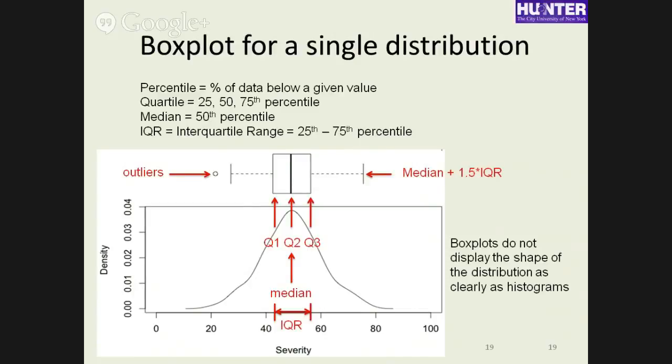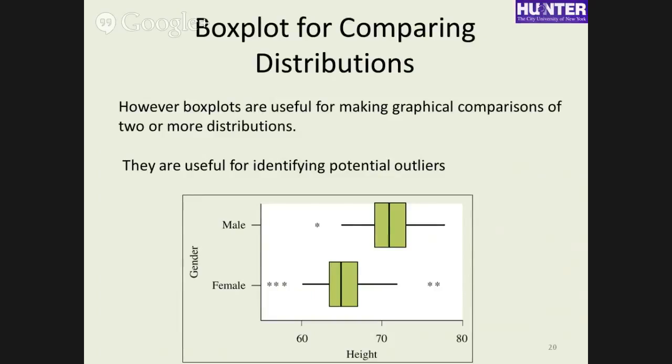They're very popular with statisticians because they allow you to stack up one distribution next to another and compare these important quantitative measures, numerical summaries of the data. Like this: if you have height, a quantitative variable, you have males and females, and you have a sample with both of them, you can directly compare them to each other and see where the center of the distribution is, the spread, and where the outliers are.